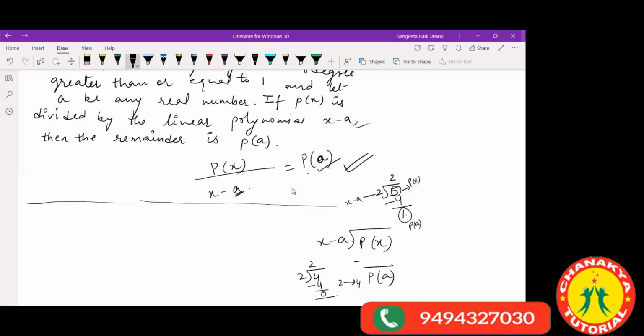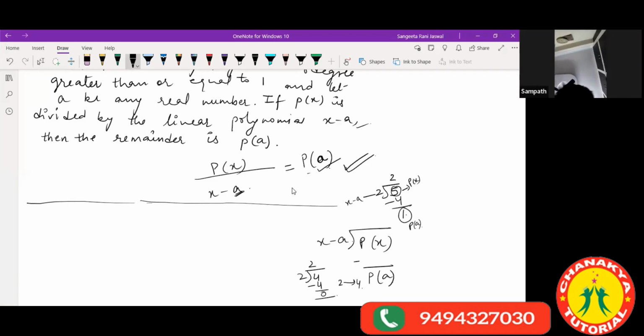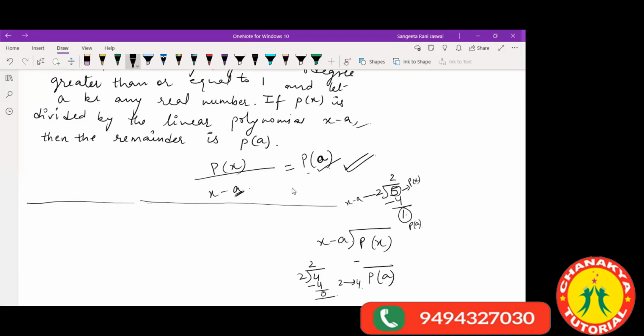Can I say that? Yes, ma'am. So same way, if I divide any number with any other number, I get the remainder 0. That means I say that the number is a factor of its dividend. Okay, no? This is what this example tells us. Now same way, what factor theorem tells us?